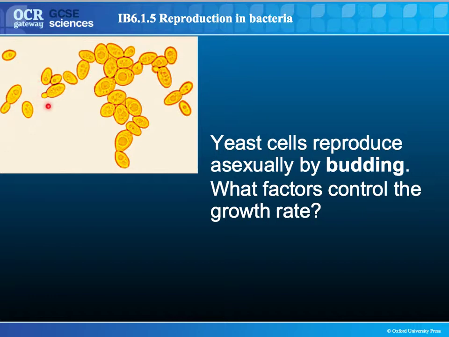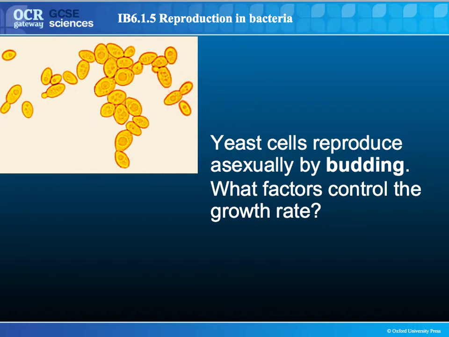Now, this is an example of a cell in this picture where budding has started to happen. We can see this here by this part of the cell which has started to grow outwards from the main body of the cell. Now, you can see in this cell here that budding has become more advanced, and this cell is becoming more the size of this one.